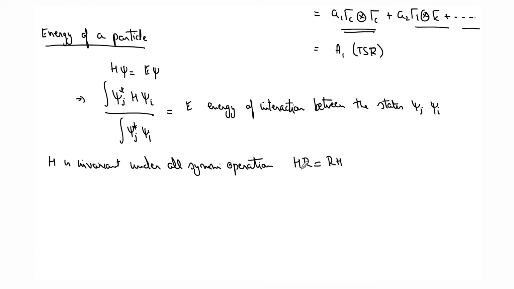That means it will not matter whether we first operate the symmetry operation or first do the energy estimation. This would mean that H will remain invariant under all the symmetry operations. That means H will form the basis of the totally symmetric representation, right?